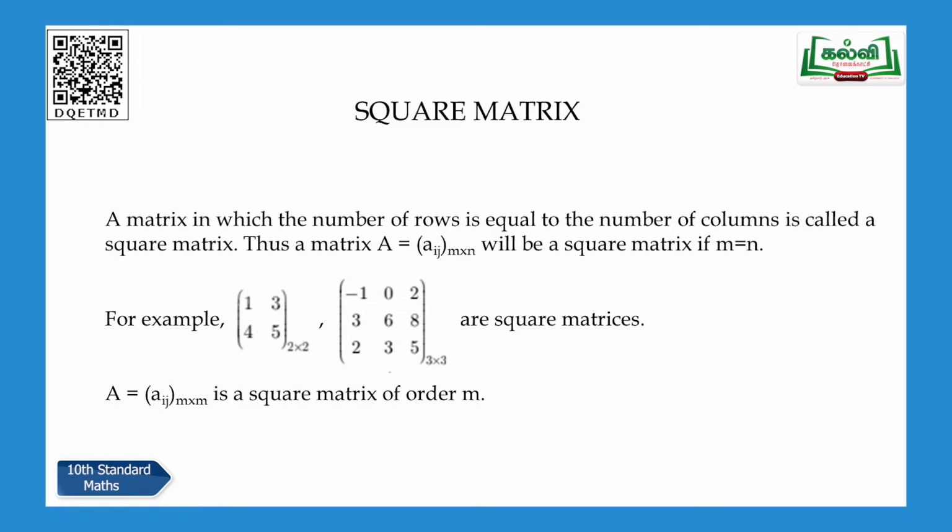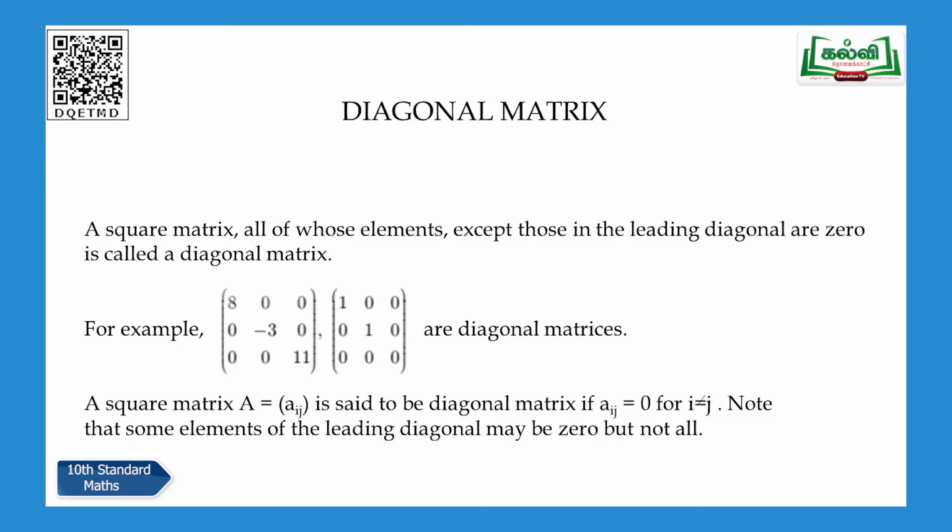What is m equal to n? That is, the number of rows and the number of columns must both be the same. Then it is a square matrix. Suppose the number of rows and the number of columns are both equal, we can say it is a square matrix of order m.